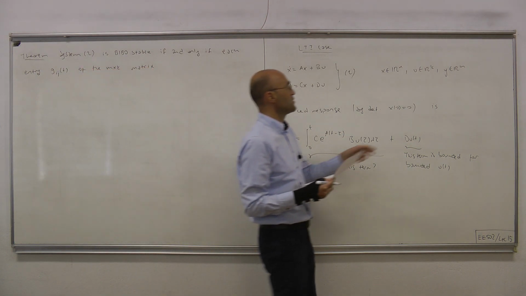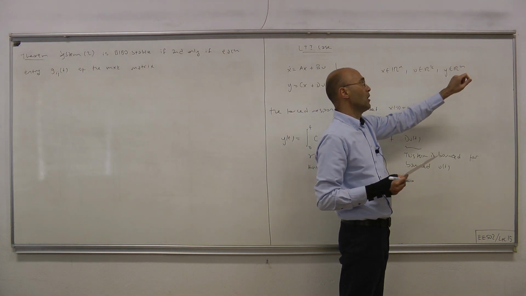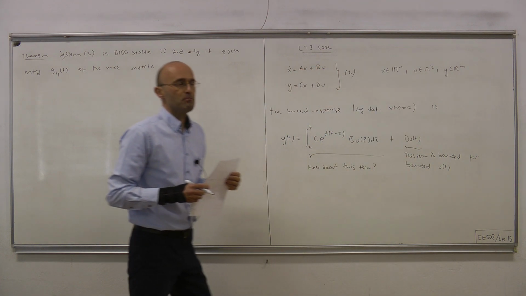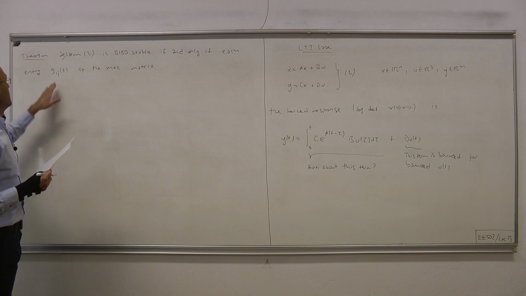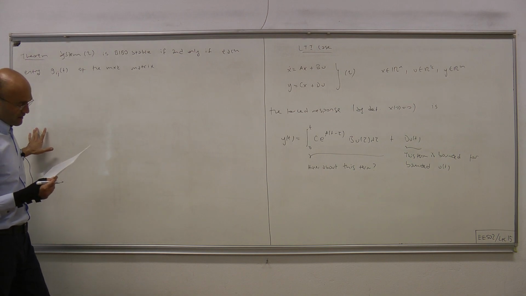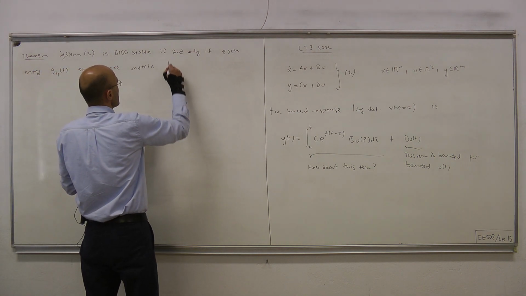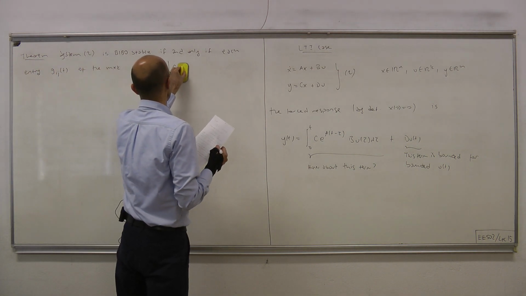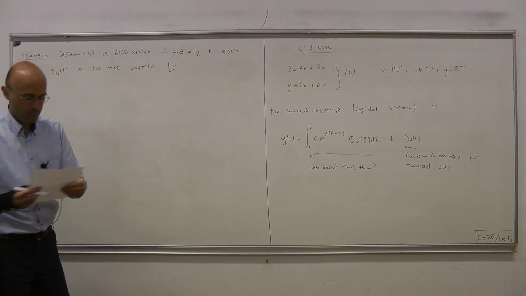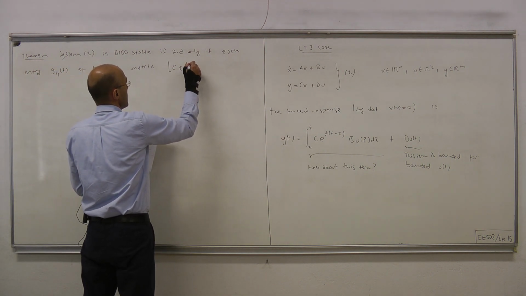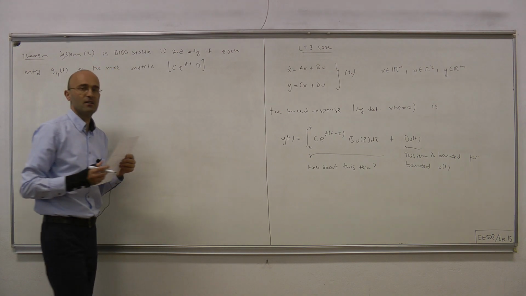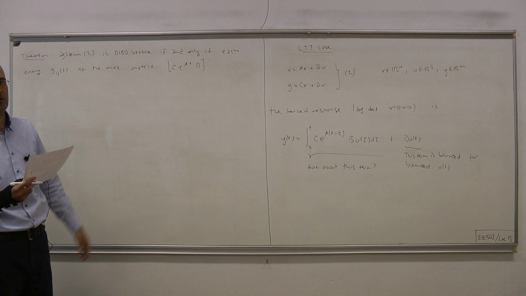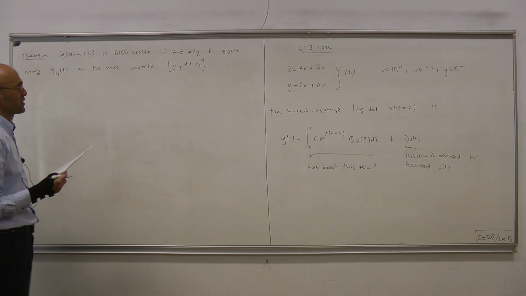Remember, m is the number of our individual outputs, or the size of the output vector, and k is the size of the input vector. Each entry g_ij of the m by k matrix C e to the A t times B. Note that the matrix D is left outside the picture because it has nothing to do with bounded input, bounded output stability.